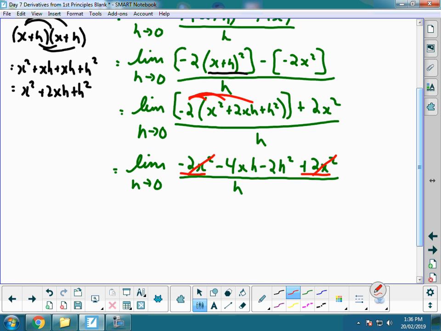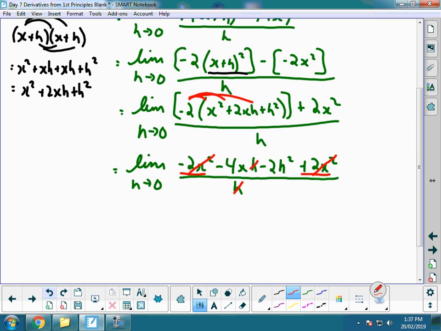And anything that doesn't have an h in it should disappear. Remember, like I said before, I need those things to disappear so I can divide by h. If they didn't disappear, I wouldn't be able to divide this by h, or this by h, or anything else. But because they do disappear, I only have terms left with h, and I'm going to do the same cancellation I did before.